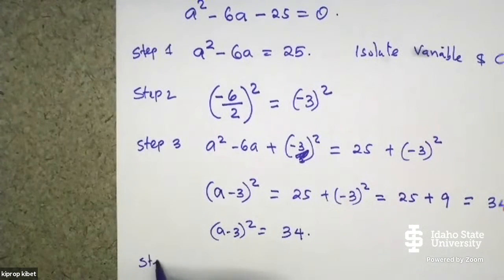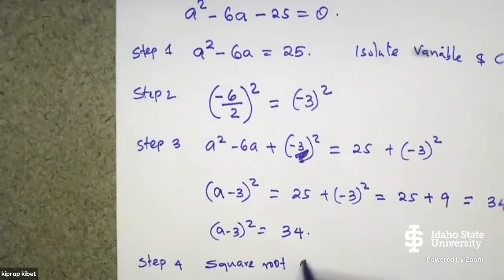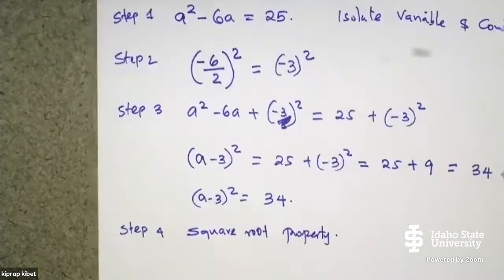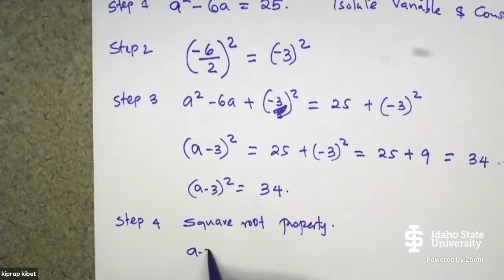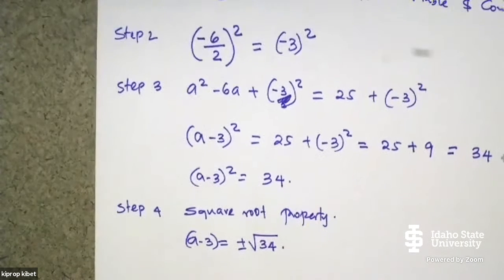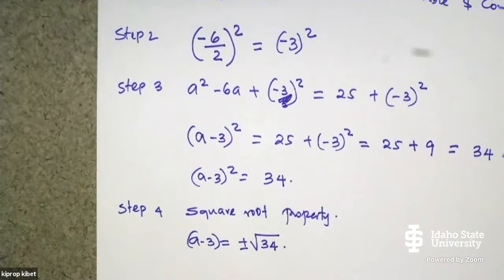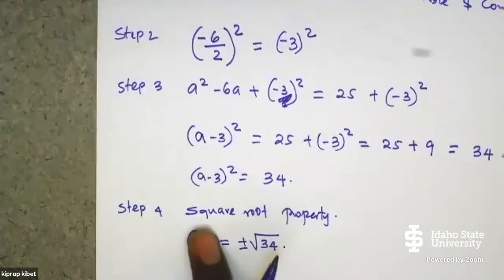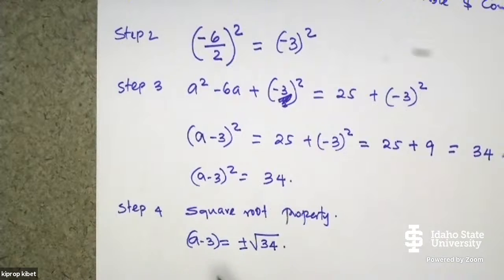Now step number 4, the square root property. The square root property now will be a minus 3 equals plus or minus the square root of 34. And then now we take 3 to the other side.